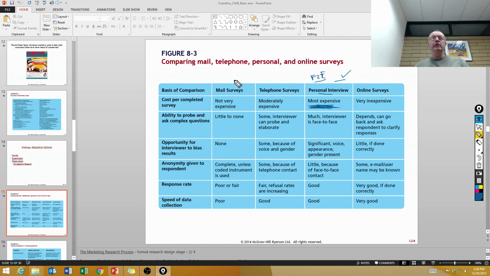Okay, so if we move to a mail survey, we know intuitively that an advantage of mail surveys is they're not going to be very expensive. They're going to be a whole lot less expensive than face-to-face interviews.